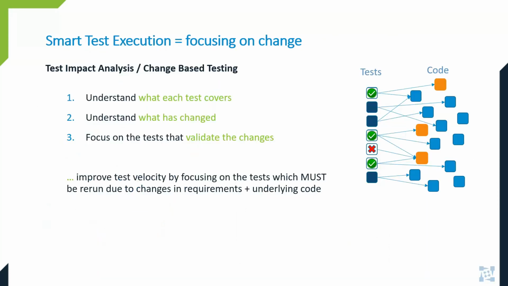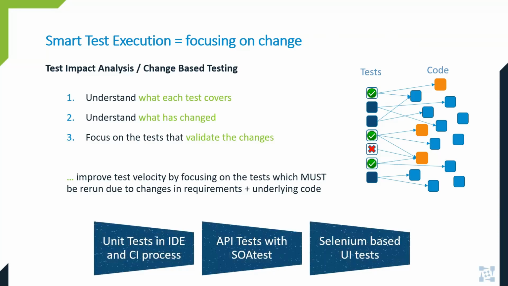So concluding on the smart test execution, and this is what I will show you today for unit testing. Like I said, Parasoft has technology to do this on three levels. Today we will look at unit testing, but we can apply the same logic also on API testing and on UI tests, Selenium based.